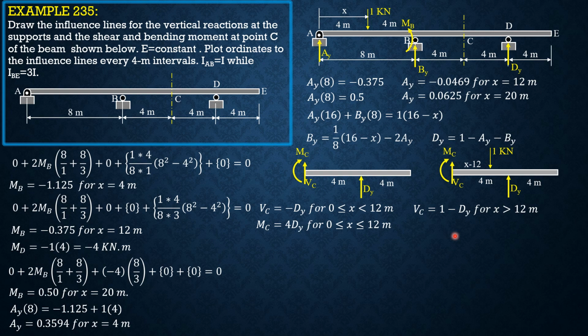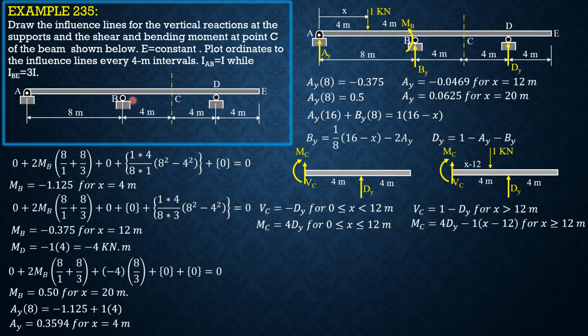Then for x greater than or equal to 12, because the unit load is now present in the free body diagram, M sub C plus 1 times x minus 12 equals dy times 4. So that means M sub C is 4 dy minus 1 times x minus 12 for x greater than or equal to 12.